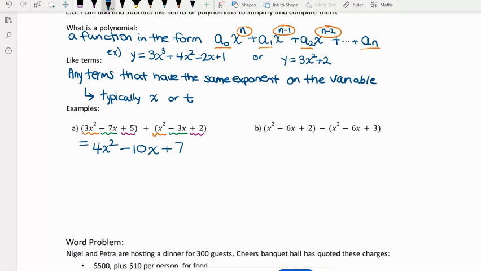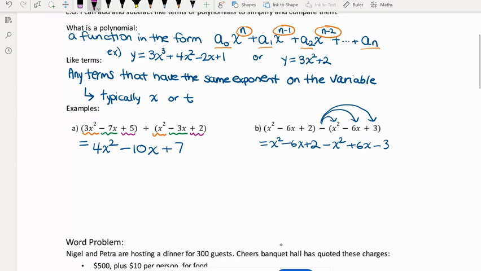Second one, we have to make sure this negative sign is distributed into the bracket before we can add the like terms. So x squared minus 6x plus 2 can stay, but negative x squared, negative minus is positive 6x, and negative 3.